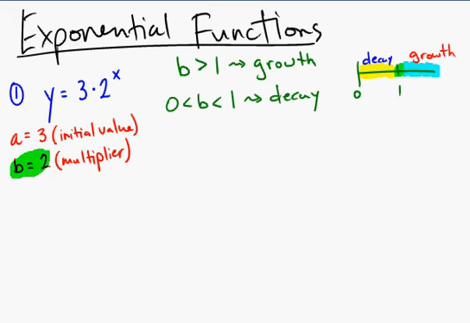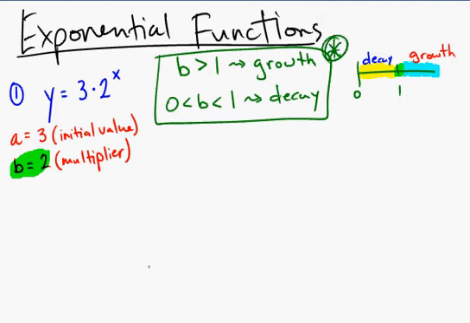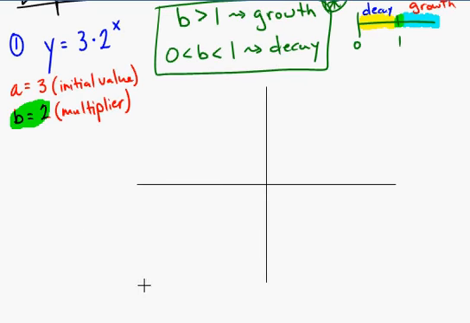Now let's graph this. This is really important. All right. So I'd say the best way to graph this is to just start making an input-output table here. And we'll say, all right, if x is 0, what is y?